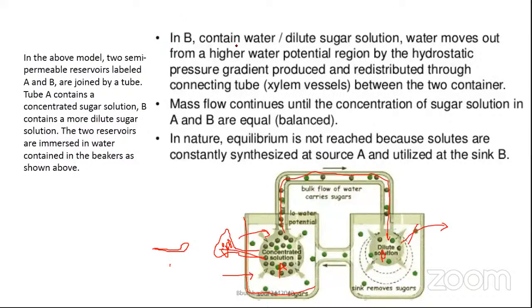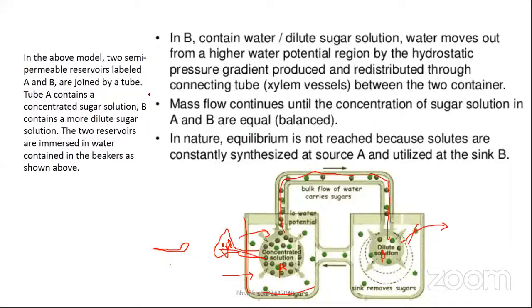Now, going through these words, B contains water with dilute sugar solution. Water moves out from a higher water potential region by hydrostatic pressure gradient produced and redistributed through the connecting tube between the two containers. So mass flow continues until the concentration of the sugar solution in A and B are equal. And in nature, equilibrium is not reached because solutes are constantly synthesized at the source and utilized at the sink.